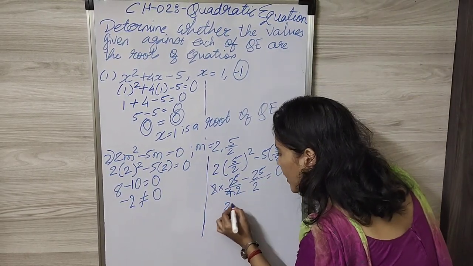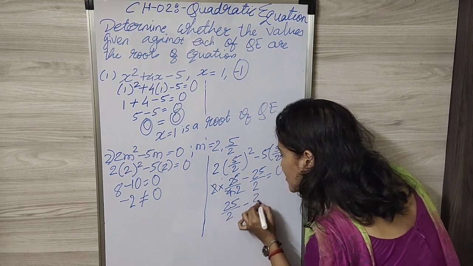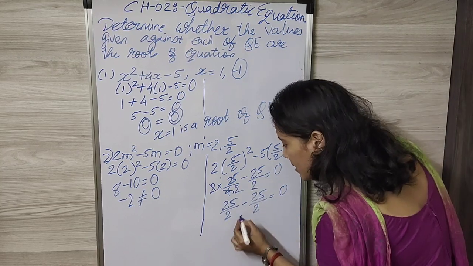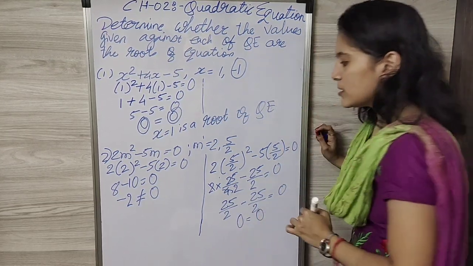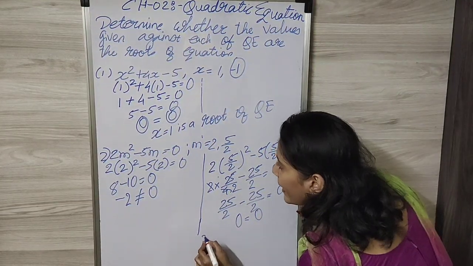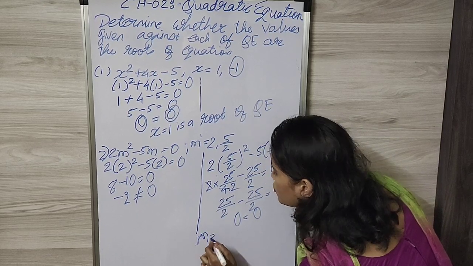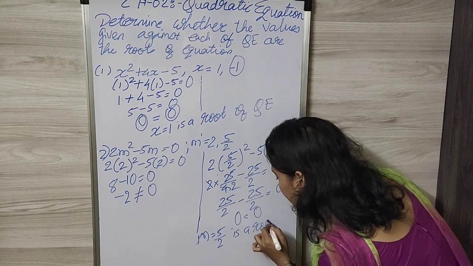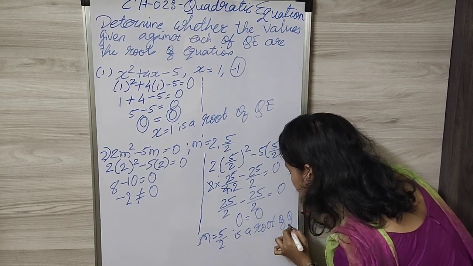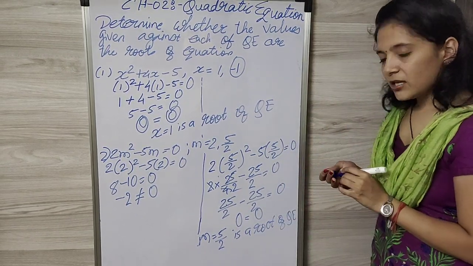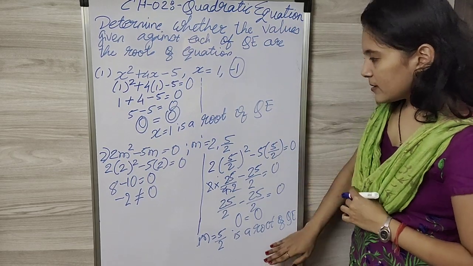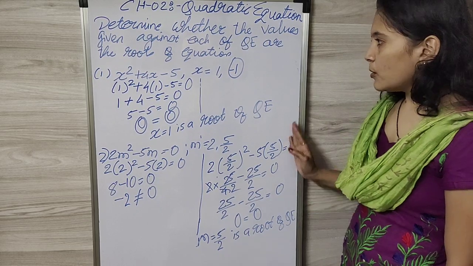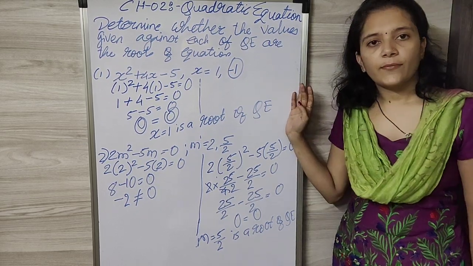So I got 25 by 2 minus 25 by 2 is equals to 0. So this becomes 0 is equals to 0. So m is equals to 5 by 2 is a root of the quadratic equation. I think you have understood this. This question is rarely asked in 2 marks questions, right? So shifting to the next question.